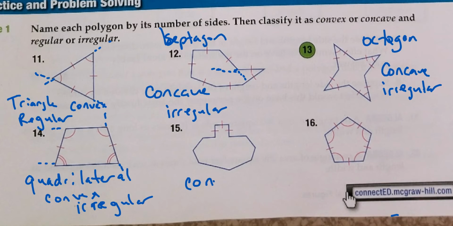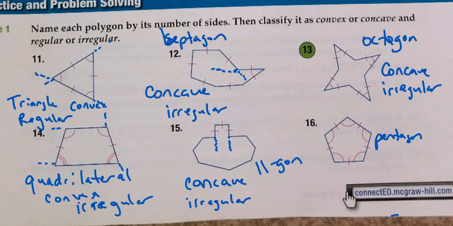15, once again, convex automatically, I mean, not convex, concave, because like I said, if I extended those sides right there, they would go inside the shape, which makes it concave, which automatically makes it irregular, and I think I counted 11, so I call that an 11-gon. 16, it is a pentagon.